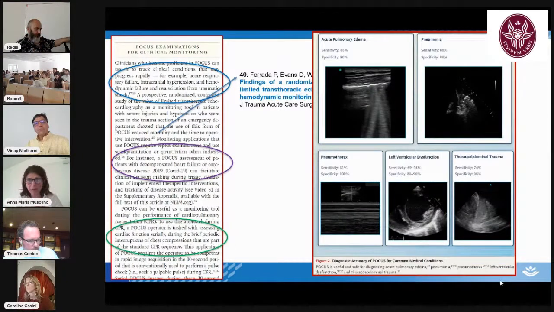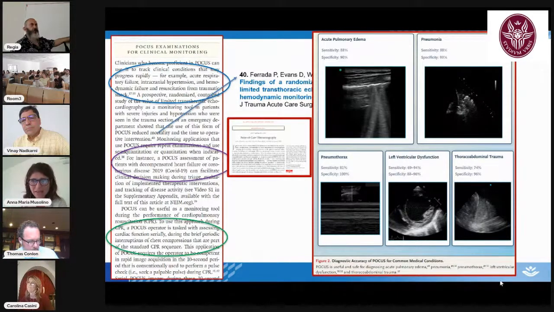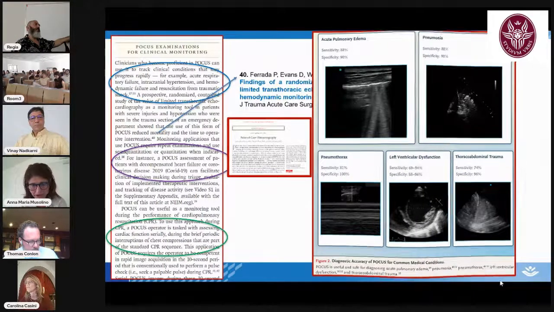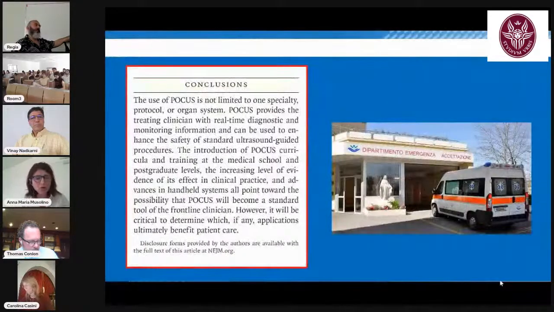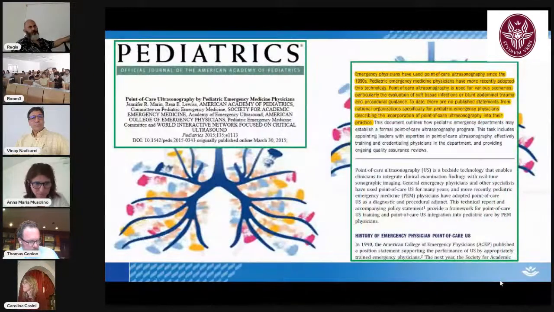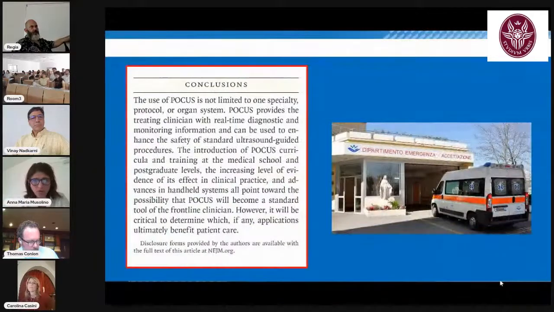And look at these numbers: sensitivity and specificity for acute pulmonary edema, pneumonia, pneumothorax, left ventricular dysfunction, thoracoabdominal trauma. And this is true both for adults and for children. And the conclusion in 2021: the use of POCUS is not limited to one specialty, protocol, or organ system. And POCUS will become a standard tool for the frontline clinician.